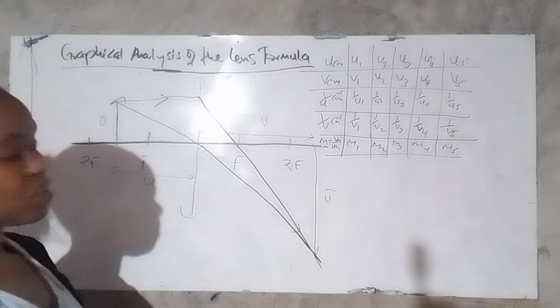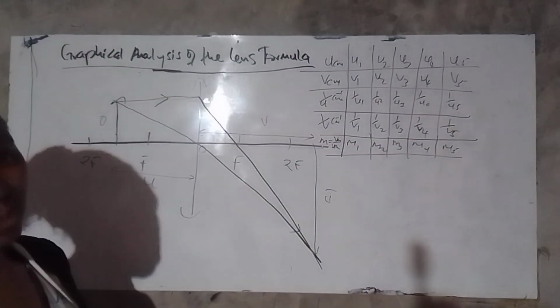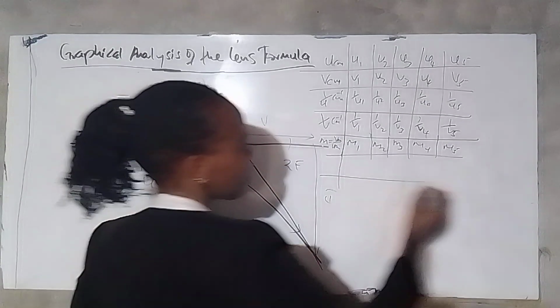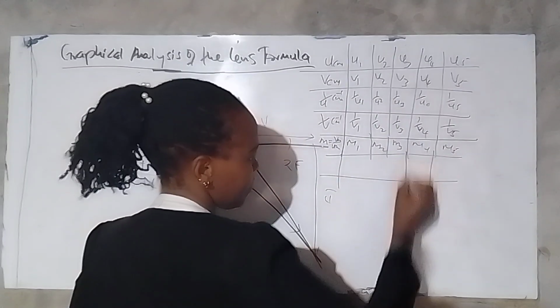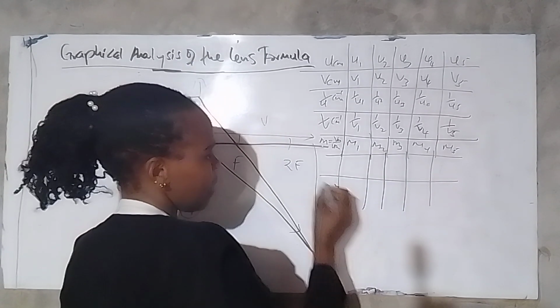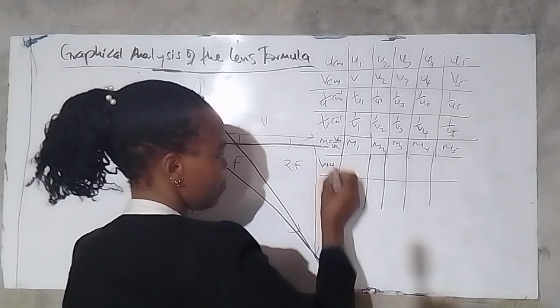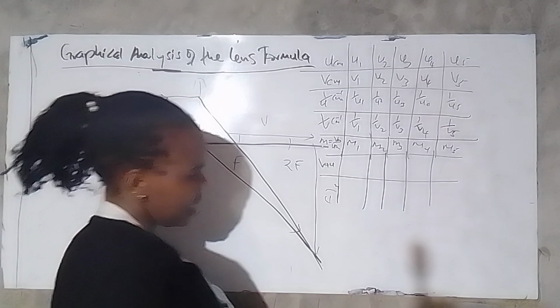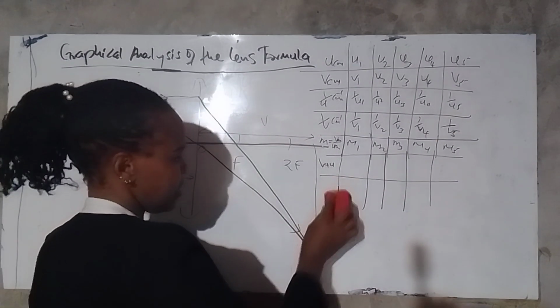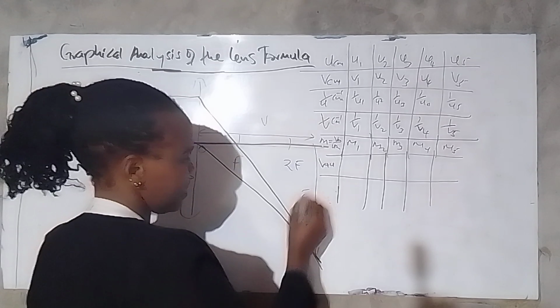Now, from this information, there's still something else we can do. We can create extra columns. One column of V plus U, and another for VU. I don't want you to get confused, so you can put it inside there.